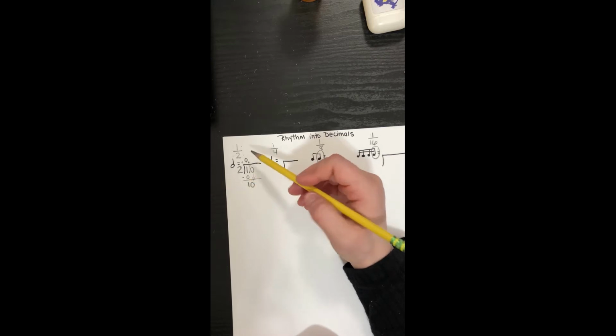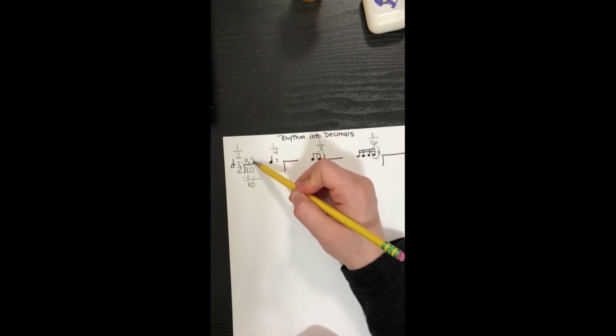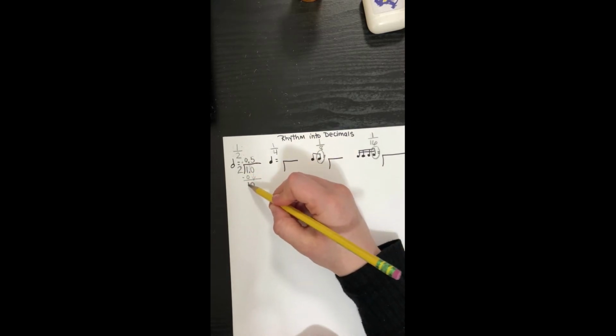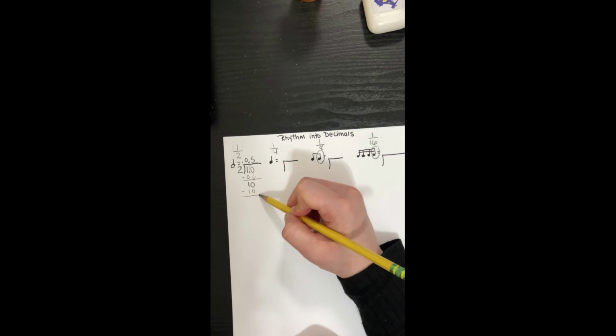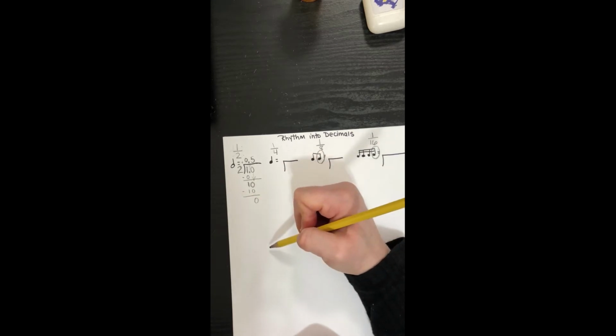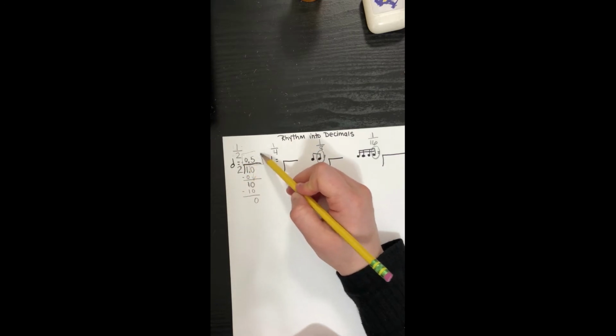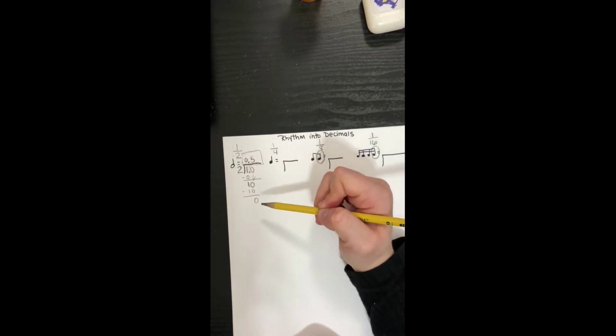Whoa, there we go, 2 times 5, write it right here. 2 times 5 is 10. So it can definitely fit into 10. And then I subtract. 10 minus 10 gives me nothing. I'm left with 0. So this is what 1/2 looks like in decimal form.